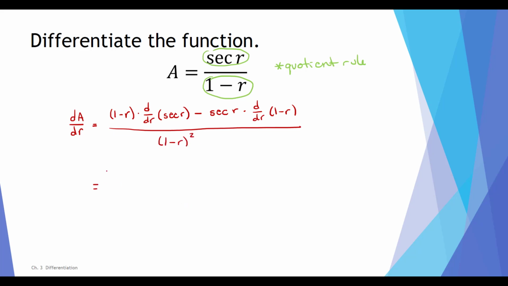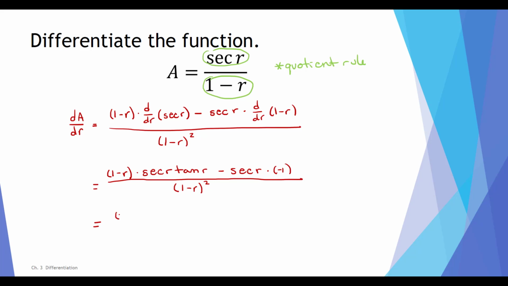Taking those derivatives, I get (1 minus r) times the derivative of secant r, which is secant r times tangent r, minus secant r times the derivative of 1 minus r, which is negative 1. All of this divided by (1 minus r) squared.